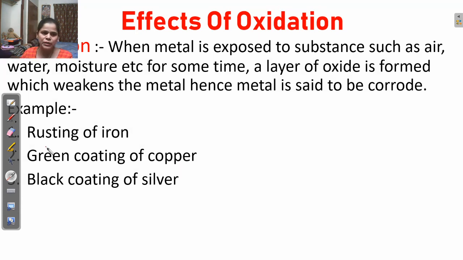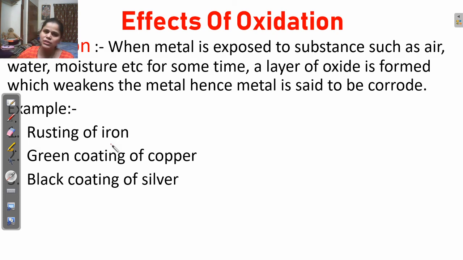Some examples are given here. The first one is the rusting of the iron. If we leave the iron rod or any other object in the water or open air for some time, then we can see a brownish coat appear on the upper surface of the iron rod.